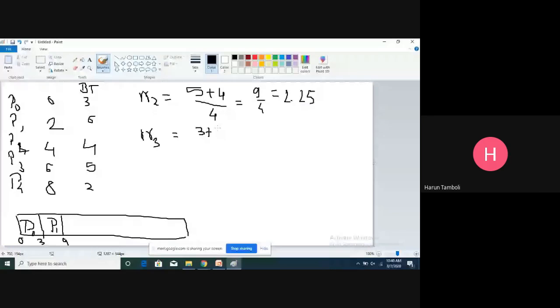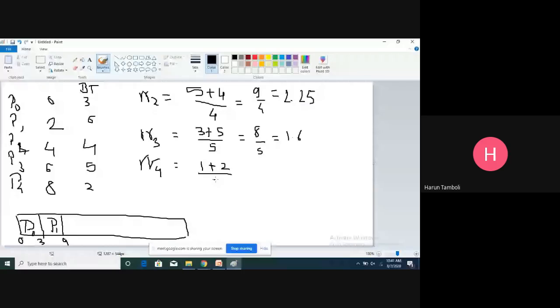P4 arrived at 8 and the current time is 9, so the waiting time is 1, plus the burst time, which is 2, divided by 2. So it is 3 by 2, that is 1.5.